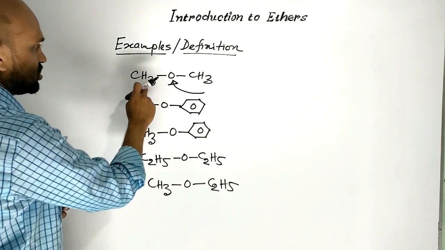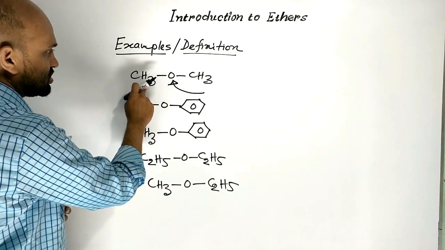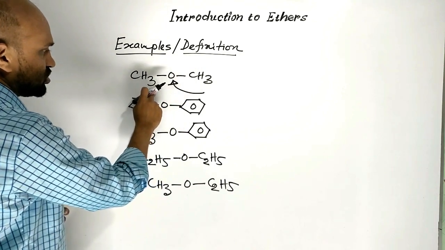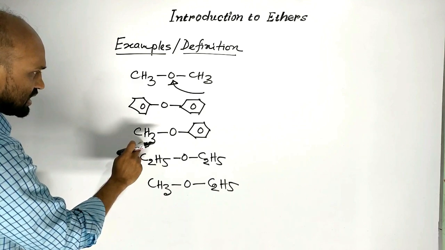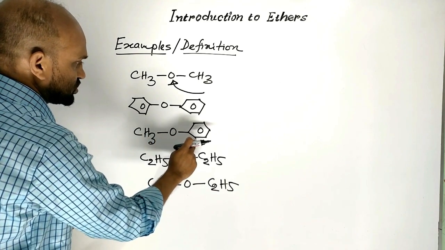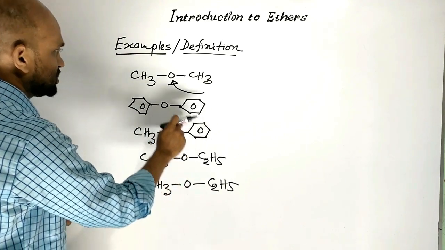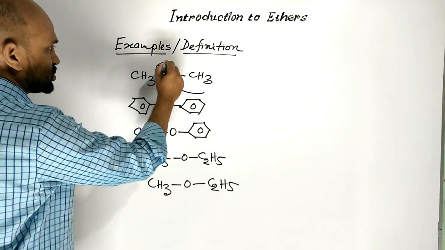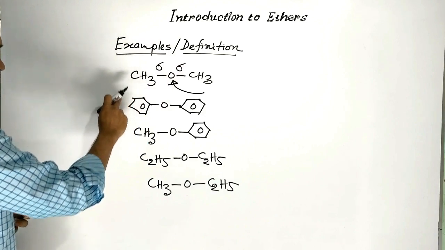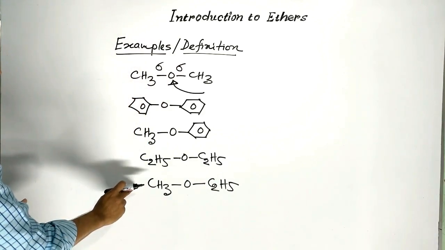That is, the compounds wherein two alkyl groups or two aryl groups or both alkyl and aryl groups are linked up with a divalent oxygen atom through sigma bonds are called ethers.